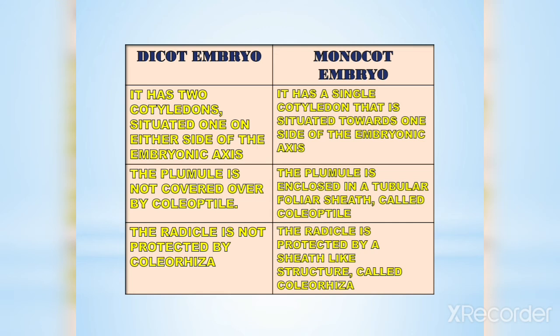And the third point under the dicot embryo is that the radicle part is not protected by coleorhiza. Whereas in the case of the monocot embryo, it is protected by the sheath-like structure called coleorhiza. So these are the differences that you find between the dicot embryo and the monocot embryo. Next.